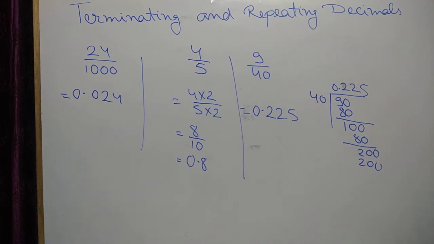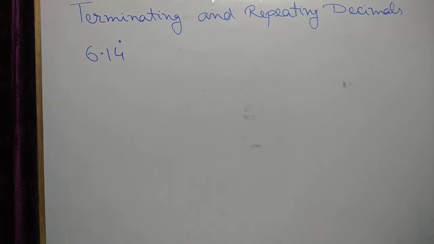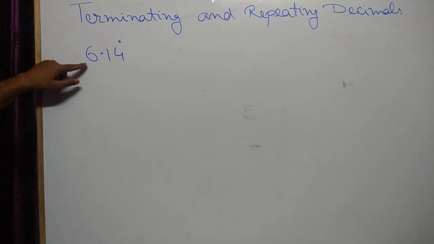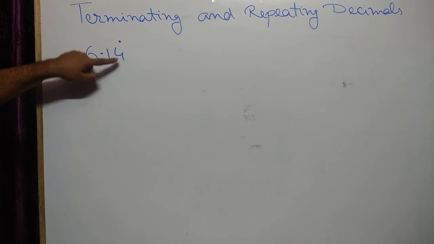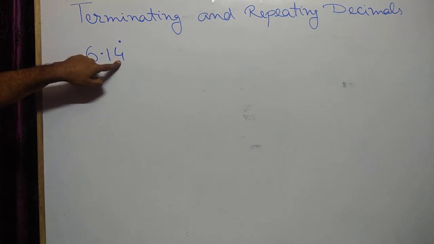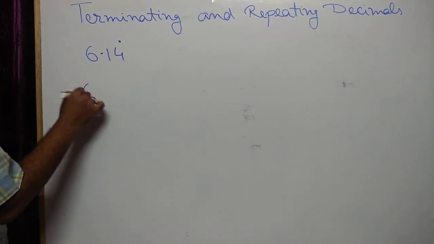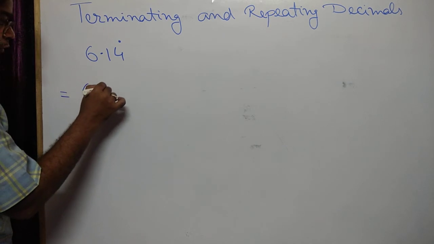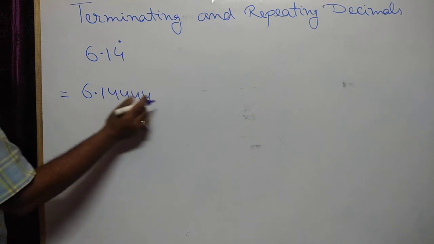Now move to the repeating part, repeating decimals. See this question very carefully. It says 6.14 and above the 4 there is a dot. It means this 4 is a repeating decimal. So ultimately we can write this as 6.1444, and this 4 is repeating, continuing.